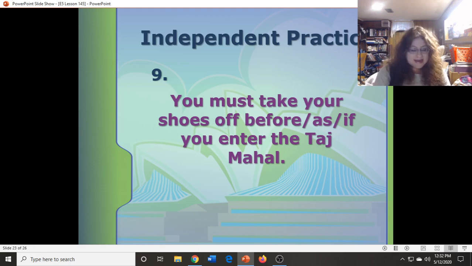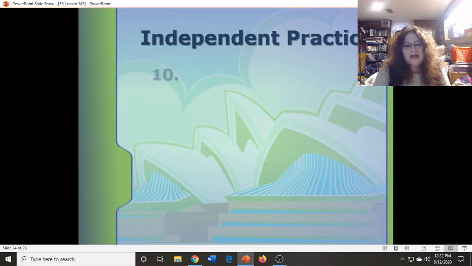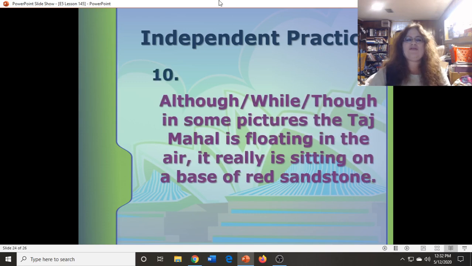And number 10 says, in some pictures, the Taj Mahal is floating in the air. It really is sitting on a base of red sandstone. Okay. Again, several choices would make sense. Although, in some pictures, the Taj Mahal is floating in the air, it's really sitting on a base of red sandstone.